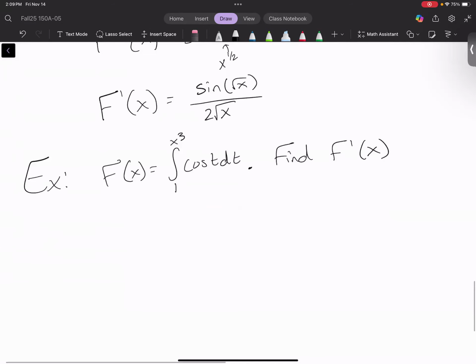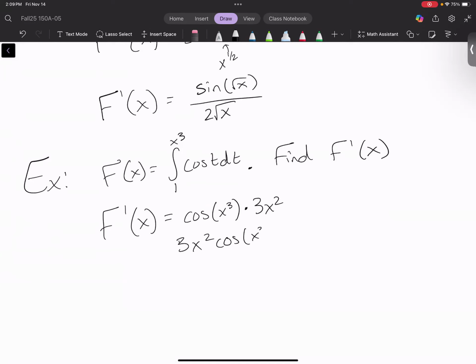All right, so what you should have got, first of all, the cosine is continuous, so we're good. This is going to equal cosine of x cubed plugged in there times 3x squared. So we write that 3x squared cosine x cubed. Got that chain rule happening.